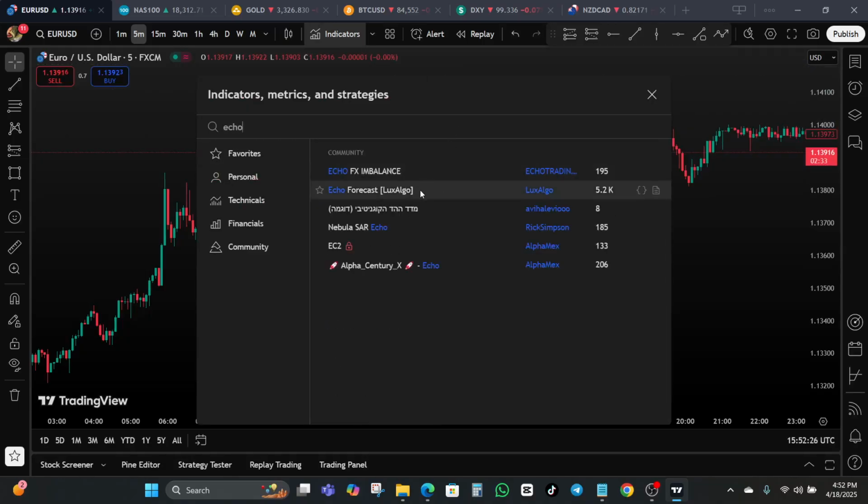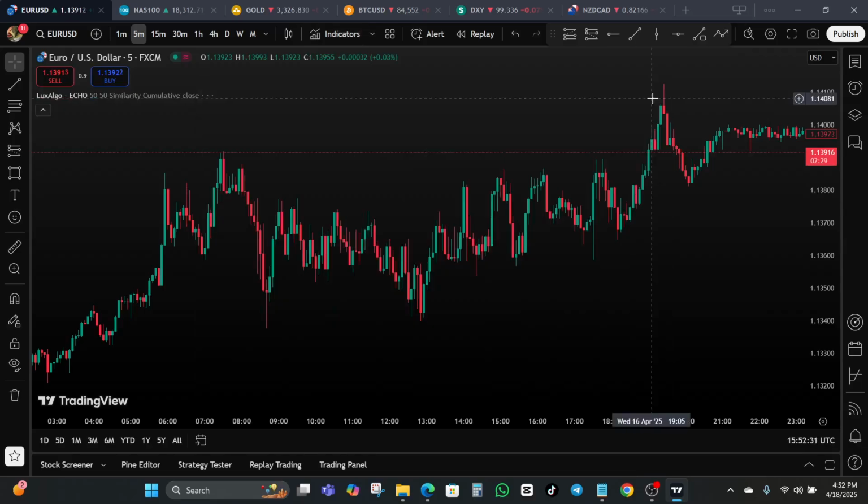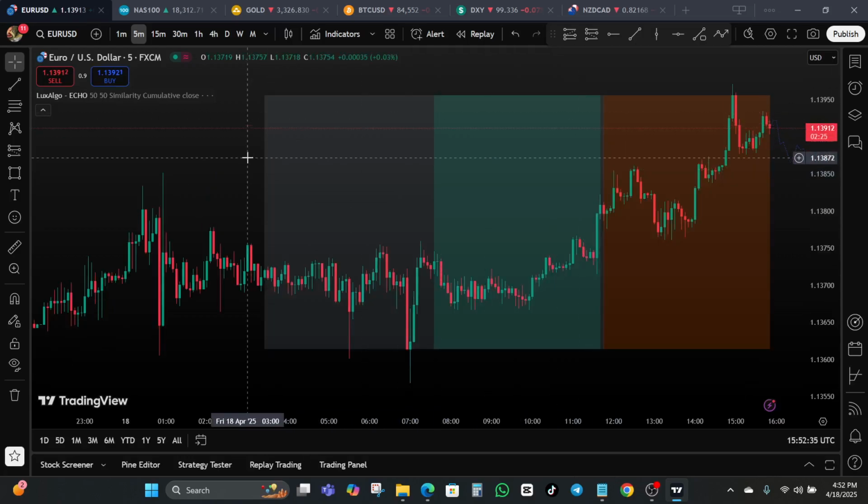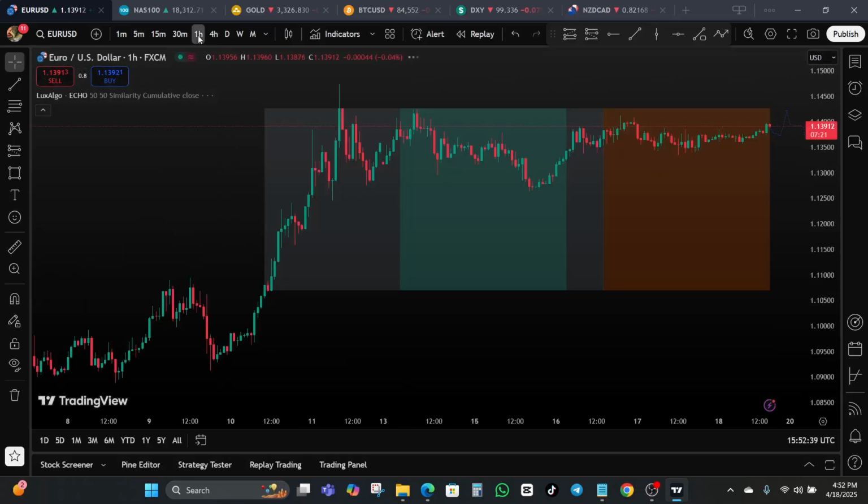All right, this is the Echo Forecast Indicator on TradingView. This is not your average moving average or oscillator. This tool actually projects what might happen next based on previous market behavior.